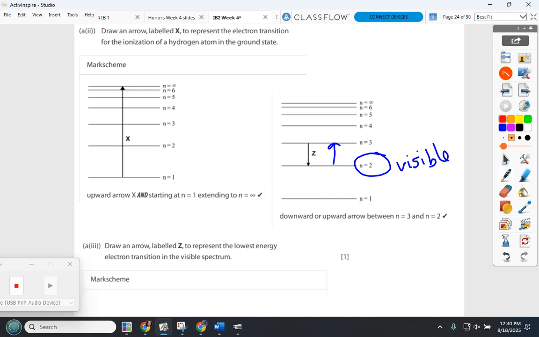What color is that line going to be for the smallest visible transition? Ella? Red, yep. So this is going to be the red line that you see, because remember, red is longer wavelength, closer to the 700 side of the visible spectrum, less energy.